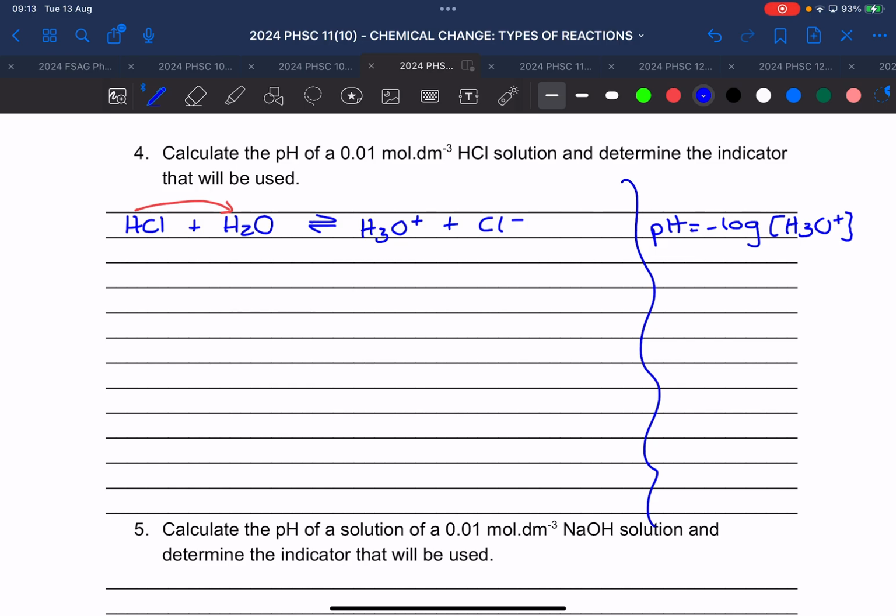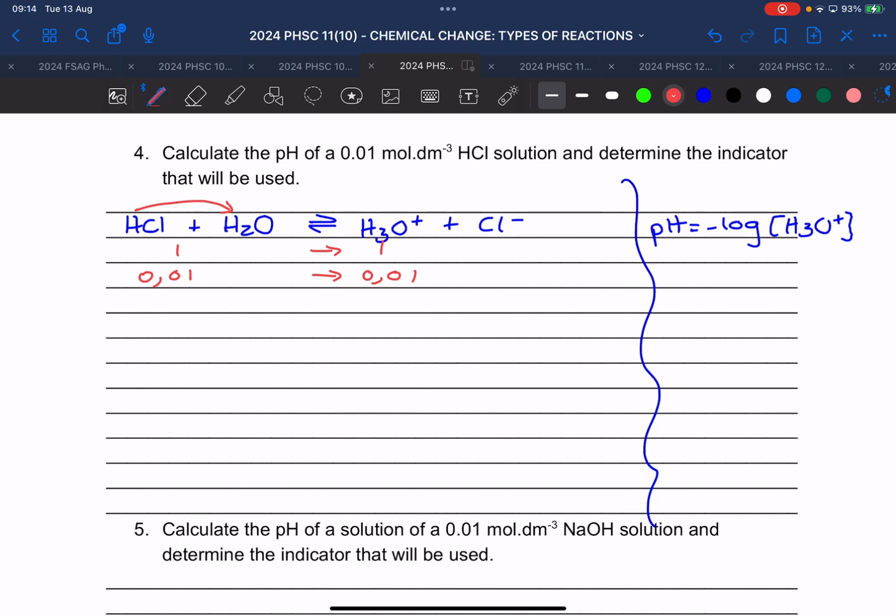So good. What is the ratio between hydrochloric acid and hydronium ion? 1 to 1. Okay, so this ratio is 1 to 1. So if this concentration is 0.01, then this concentration will be 0.01. I'm doing it very slowly now.